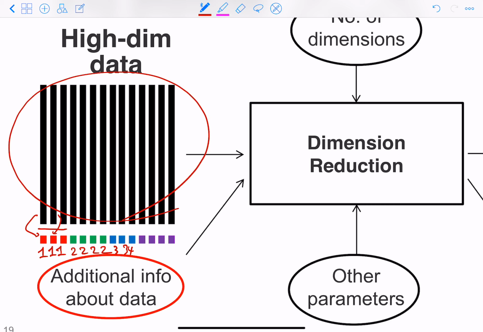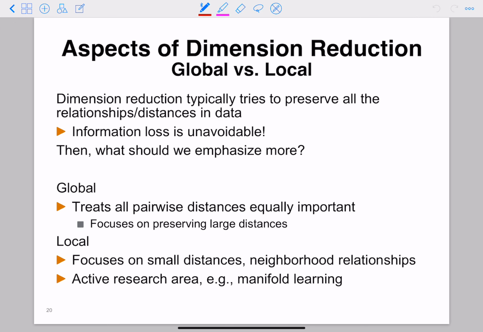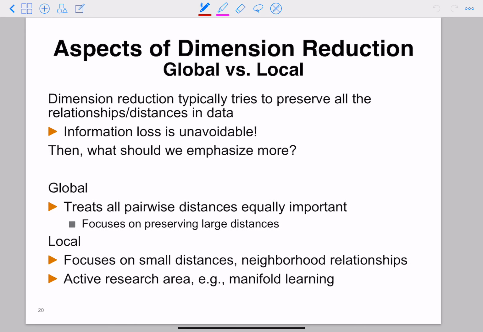If the dimension reduction method requires this additional input and utilizes this information in a particular manner, then it is called a supervised dimension reduction method. Okay, and then global versus local, I will explain it as we discuss multi-dimensional scaling in detail very soon.